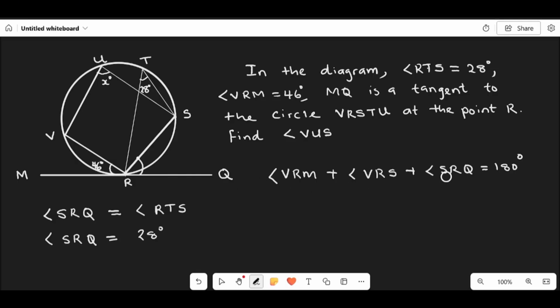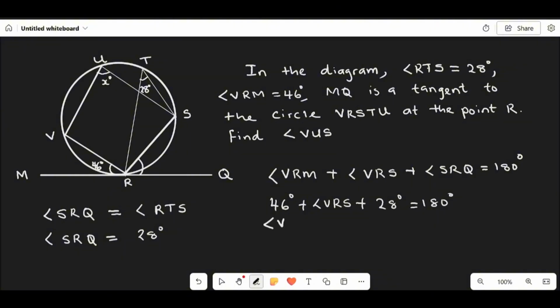Our angle SRQ has been calculated, which is 28 degrees. Let us substitute it into this equation. 46 degrees plus angle VRX plus our angle XRQ, which is 28 degrees, is equal to 180 degrees.